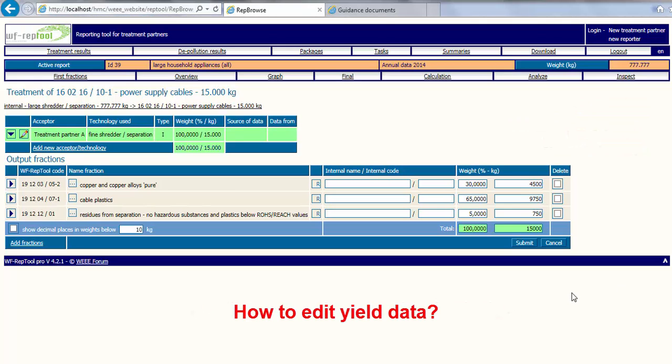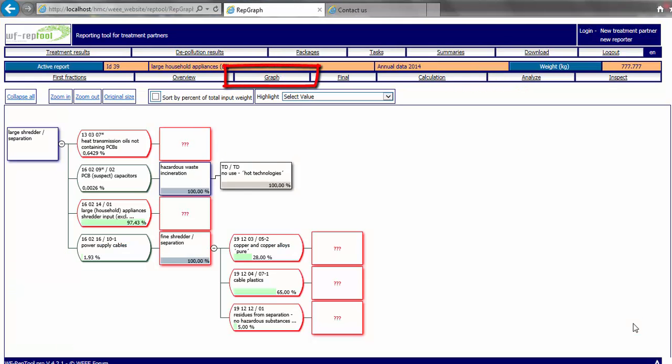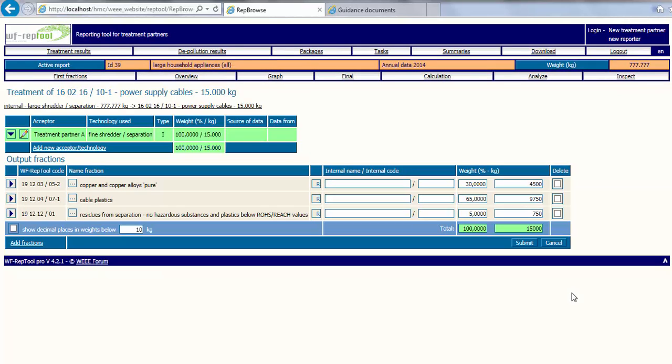How to edit yield data, in case you get new, more accurate yield data from your acceptor. To edit yield data, you have to find the treatment step, see e.g. via the overview or the graph, see other videos to explain, to come to the treatment page with the yield of output fractions.